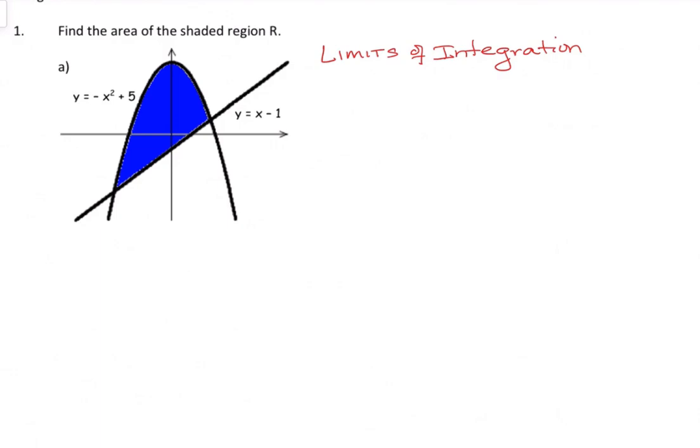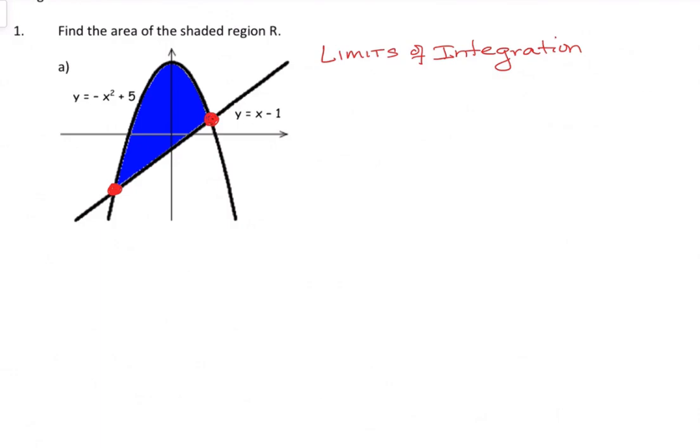In these problems, you're going to have to determine what that closed interval is. And in the picture, that closed interval is going to be the leftmost intersection point of the two curves, and then the rightmost intersection point of those two curves. So once I find the x value of these two intersection points, I will have my limits of integration.